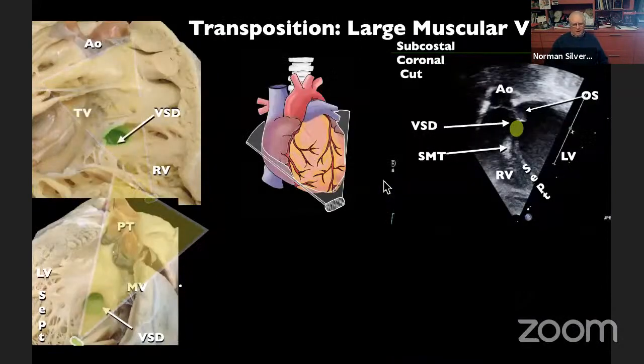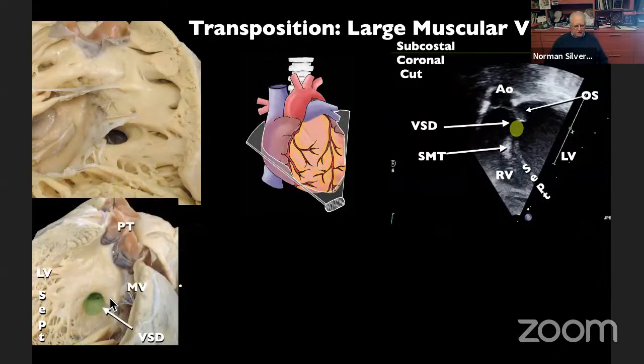Here's another muscular outlet ventricular septal defect, and this one I've shown you to show you that it almost looks like it's perimembranous, but there's muscular extension over here, and this can be seen from the left side very clearly, where this VSD is surrounded entirely by muscle.